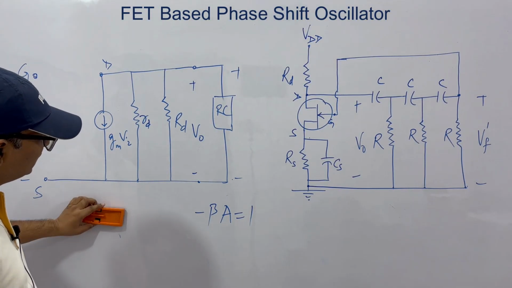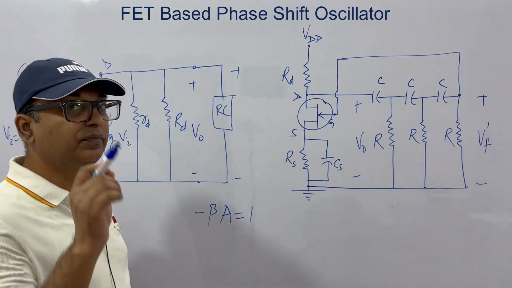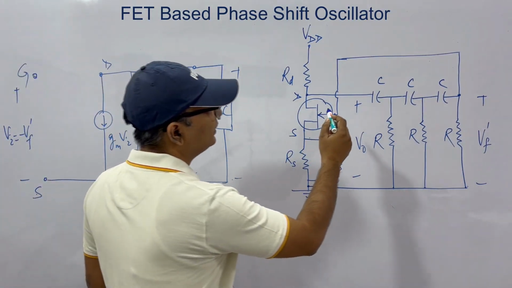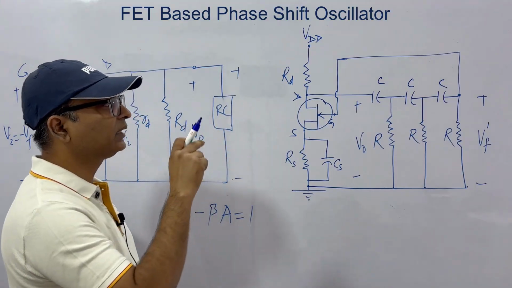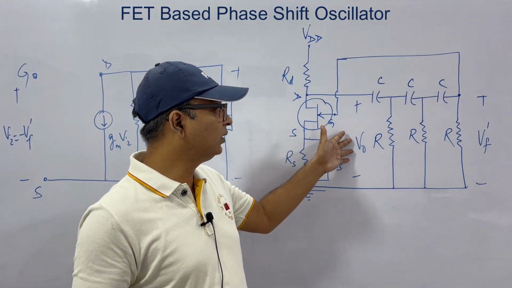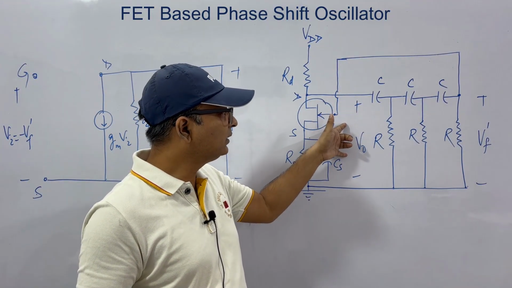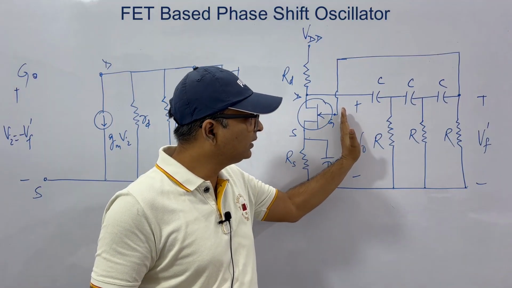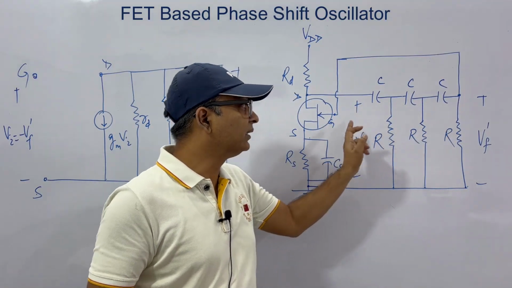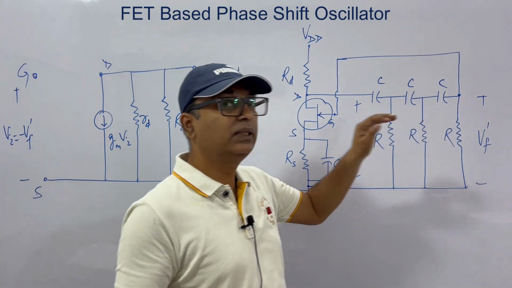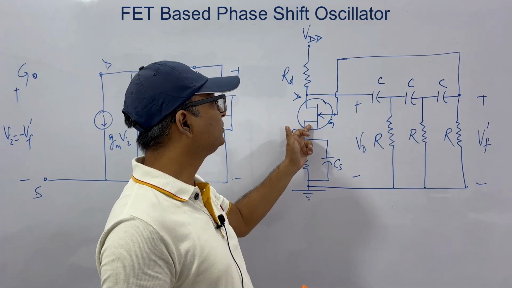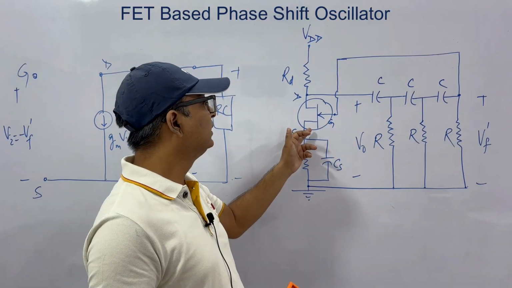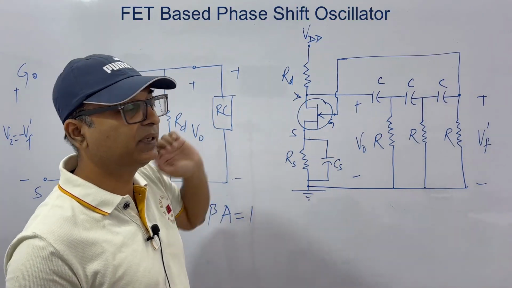So what we do is select such a frequency that this RC network shifts the input signal, which is this V output, exactly 180 degrees. That is, from here to here we have a shift of 180 degrees, and the rest 180 degree shift is in the inverse direction, in this FET amplifier.